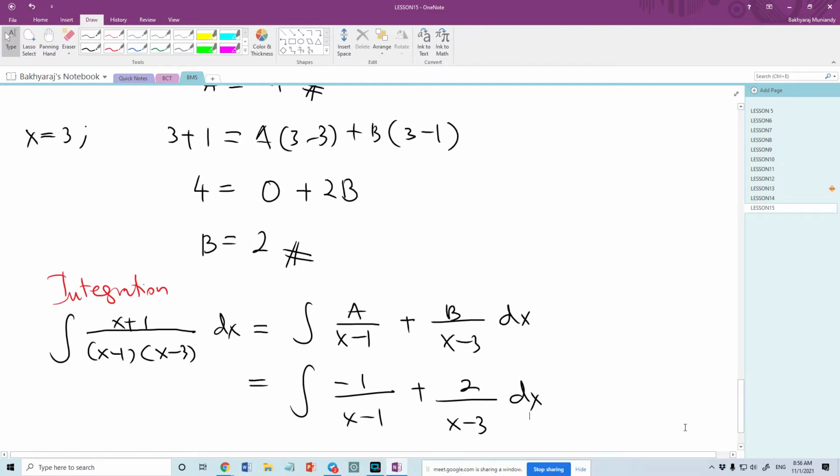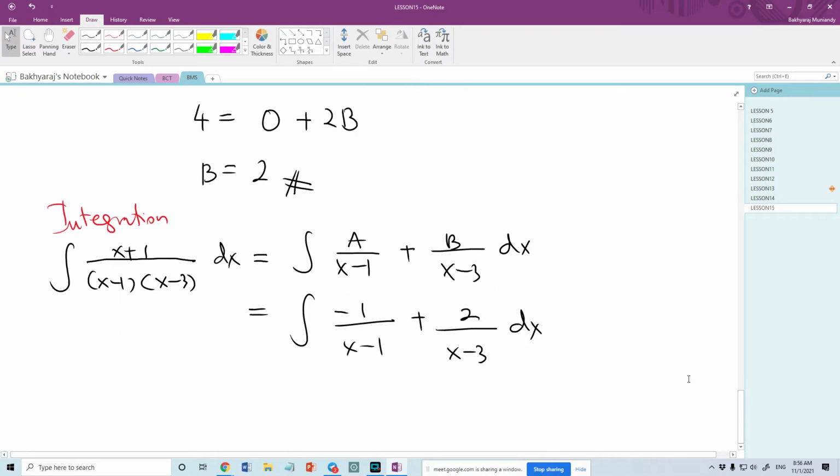So what is the last answer? Apa jawapan last kita? Ya, correct. Okay, ini akan jadi negative log x minus 1 plus 2 log x minus 3 plus C. Okay, so inilah jawapan kita.